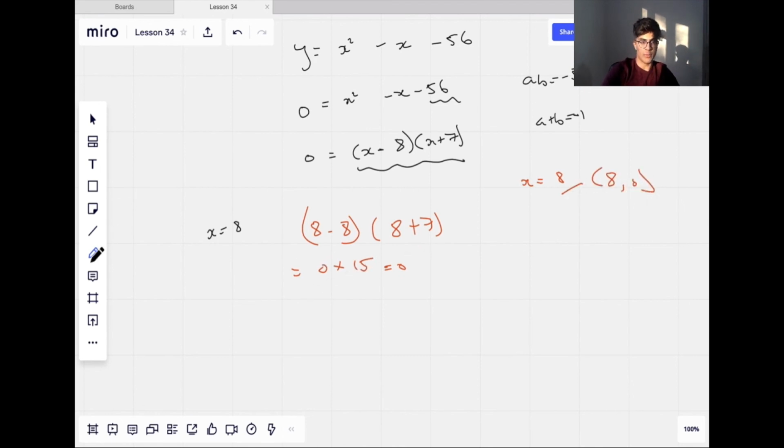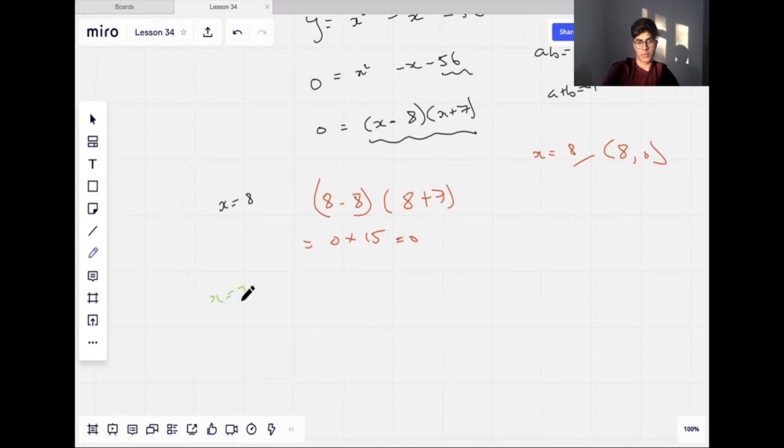And another root: well, if x equals minus 7, this bracket here will come out to 0. And 0 times anything is just going to be 0. So it doesn't matter what this bracket comes out to, but let's check that anyway. Let's do it in the order it says up there.